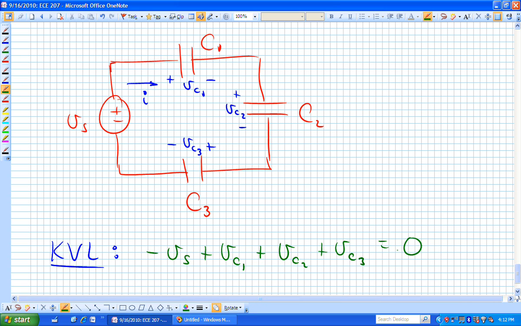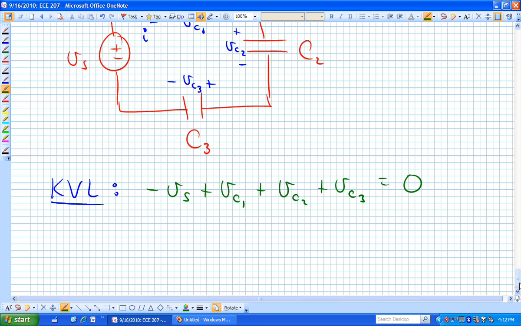That's equal to 0. And what do we know about each of those? Yes, we know the current is the same.